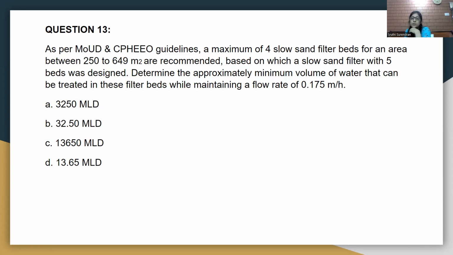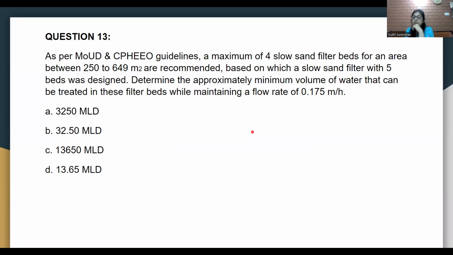They have given us the flow rate. So 5 filter beds are provided. In these 5 filter beds, what volume of water can be filtered for this flow rate is the question.